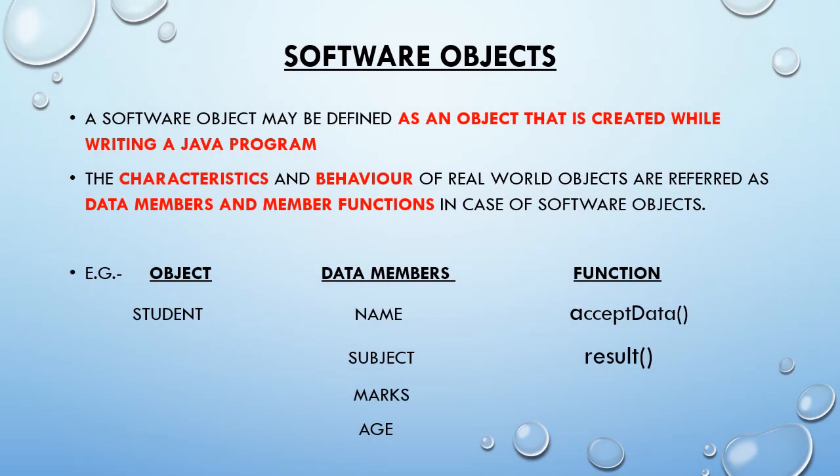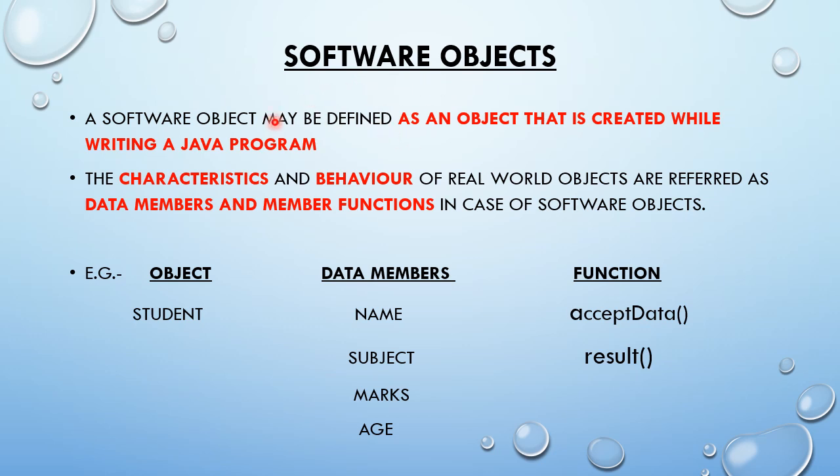We are moving ahead. Software objects. Now what is the difference between real-world object and software object? Real-world objects, as we have just discussed, we can see and they have some definite size and shape. But software objects are the objects which we create while writing a Java program. Whatever objects we create when we write any Java program are called software objects, which cannot be touched.